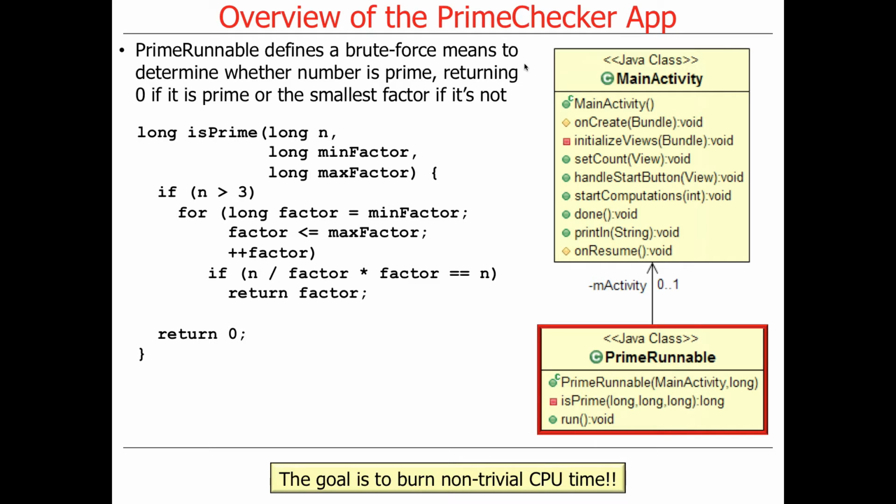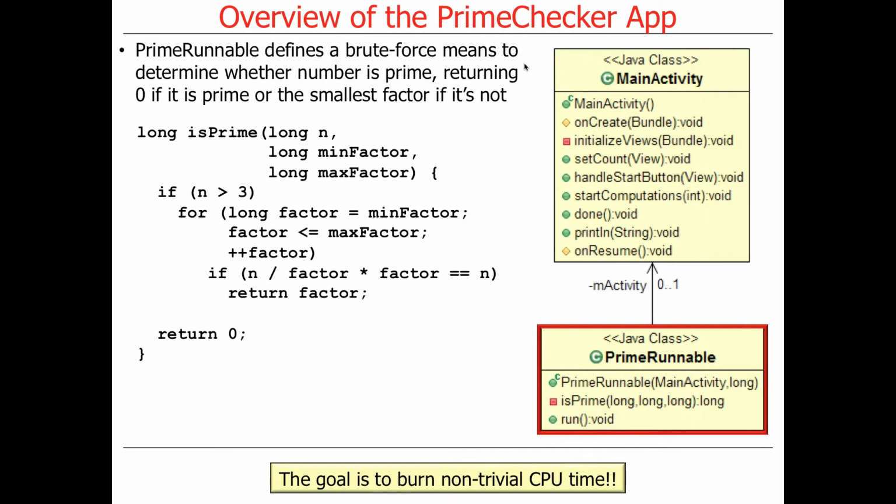What it does is you give it a number that's the prime candidate, and it starts typically at 2 and goes up to n divided by 2. It takes the number n and divides it by the factor: 2, 3, 4, 5, 6. It divides n by the factor, then multiplies by the factor, and checks to see if it gets n.